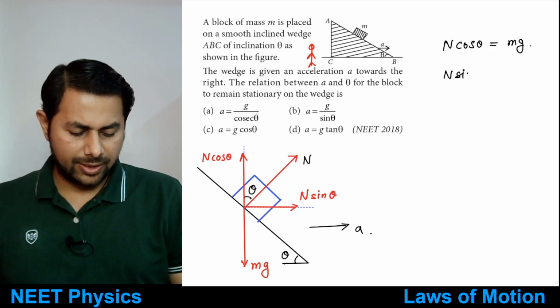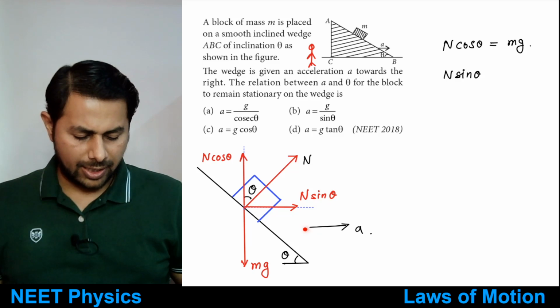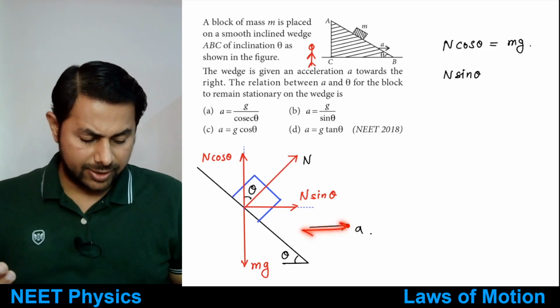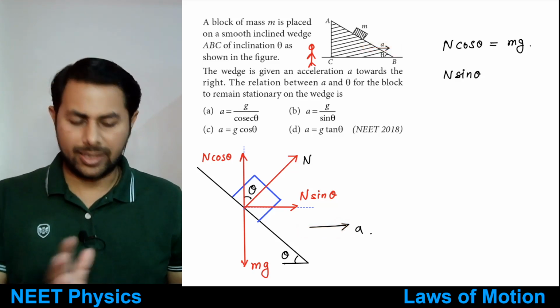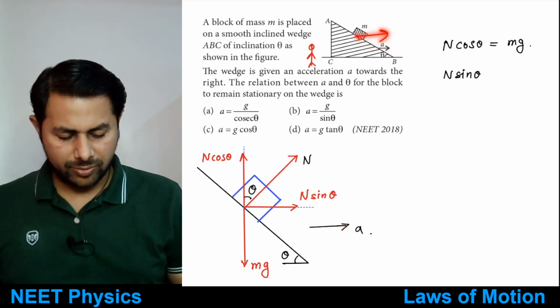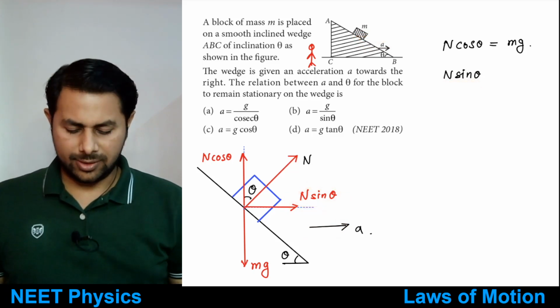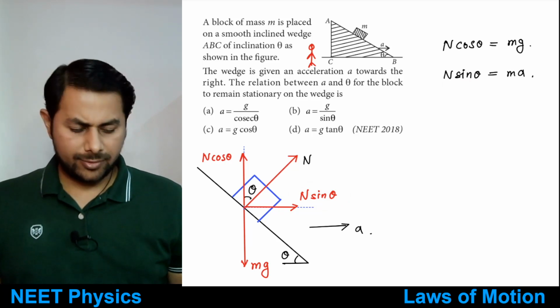N sine theta is the only force in the horizontal direction, and it must provide this acceleration, because he sees that the system is accelerating. So N sine theta must be equal to m times a.